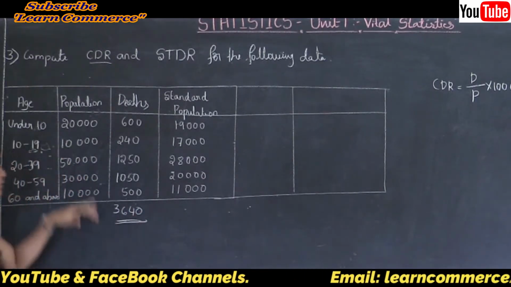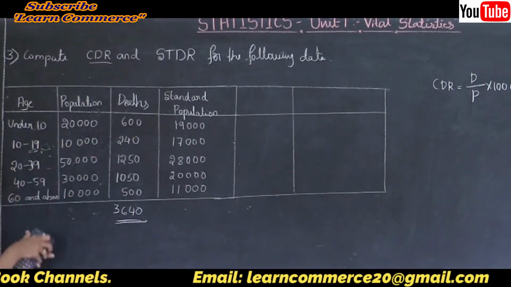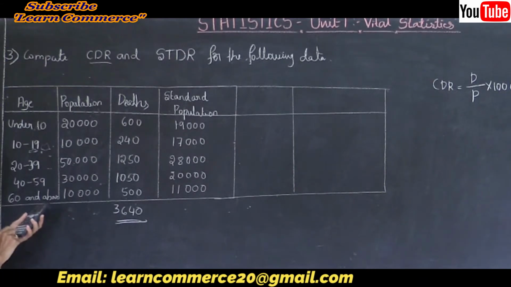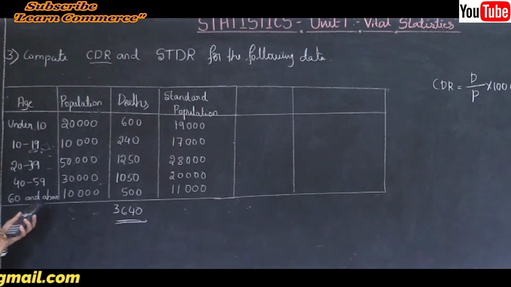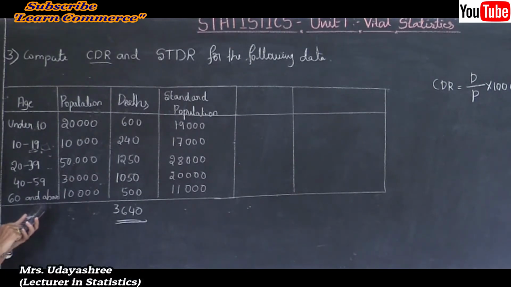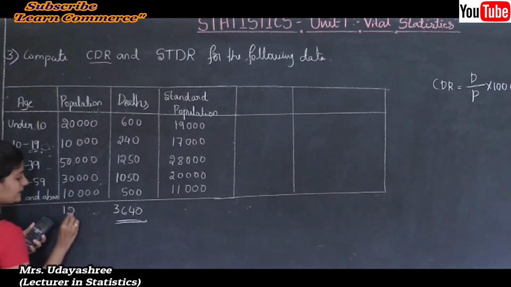Next we need to calculate the total of population. The population observations are 20,000, 10,000, 50,000, 30,000 plus 10,000, that is 1,20,000.